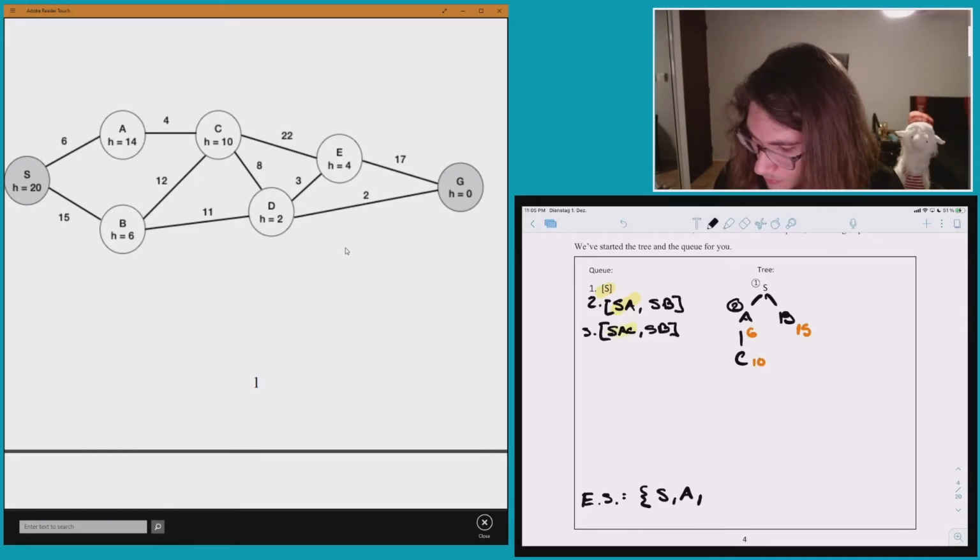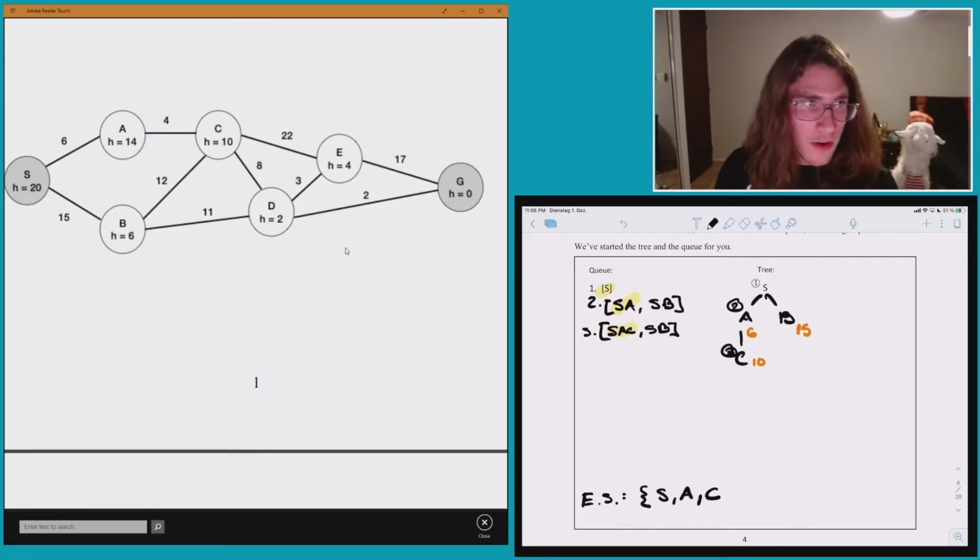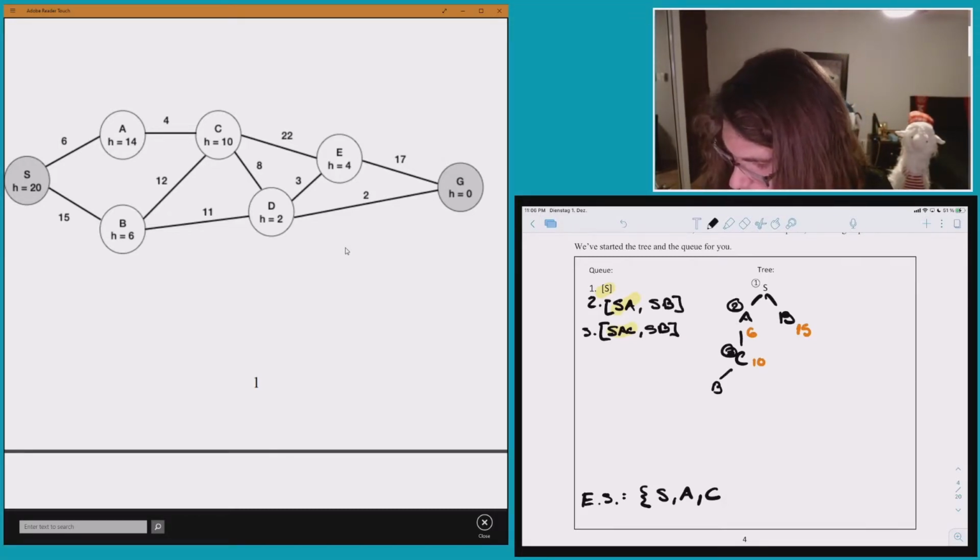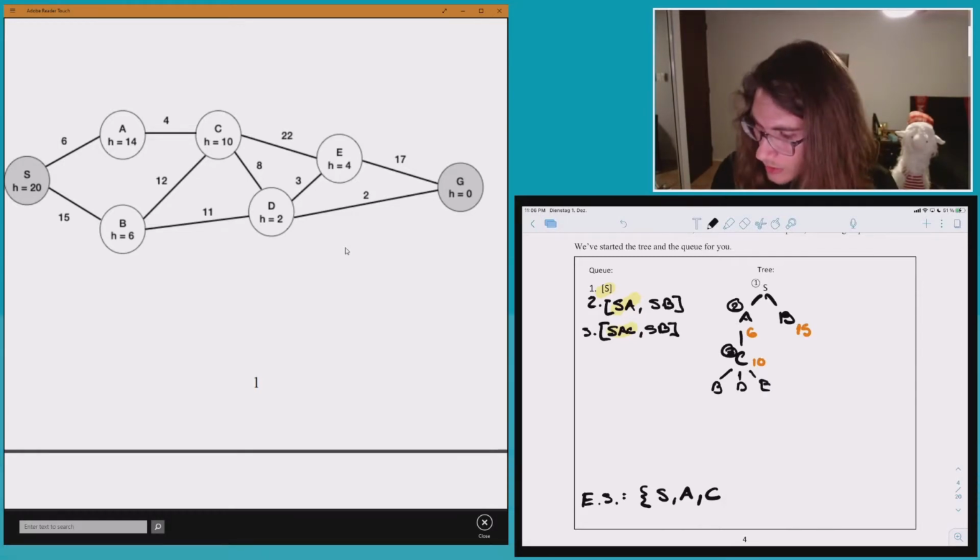I restart, pop that off the queue, I expand C, that's the 3, that means I add it to the extended set as well, and C could go to either B, D, or E, if I'm reading correctly, yep. B, D, or E, let me write down the path lengths. So this is getting a little bit long. 6 plus 4 is 10, that's 22 for B. For D, it's 18, and for E, it's 32.